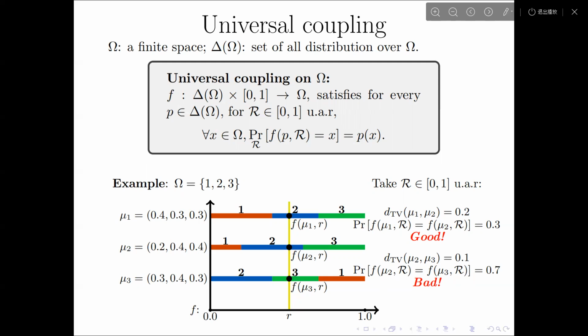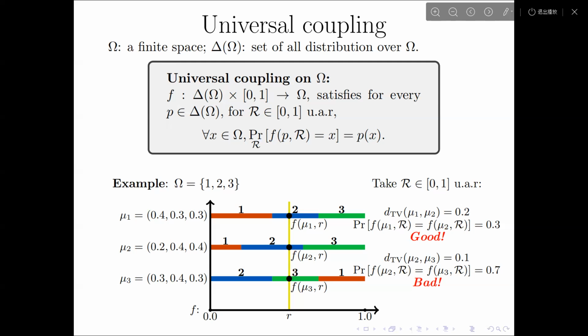For any two distributions, take the same R in the interval [0, 1] uniformly at random. Consider the probability F returns different colors. We call the coupling performance on two distributions good if this probability is close to the total variation distance between them.